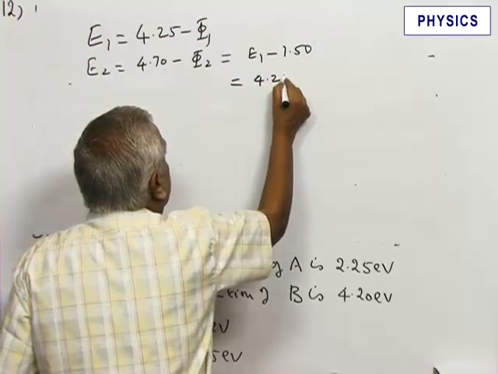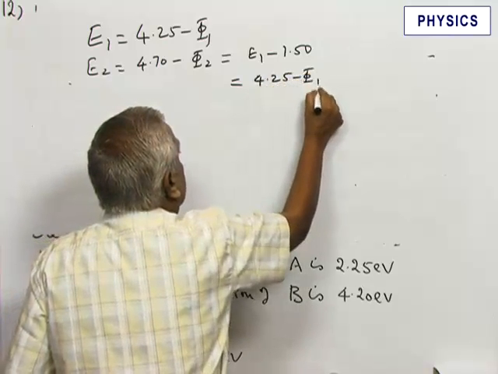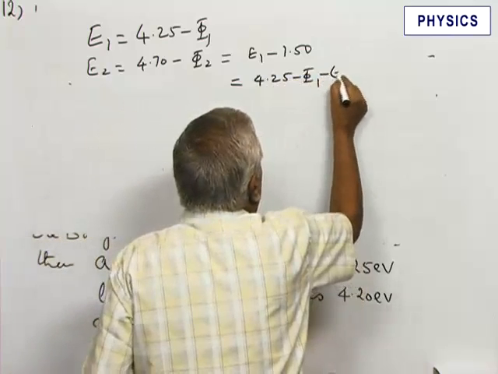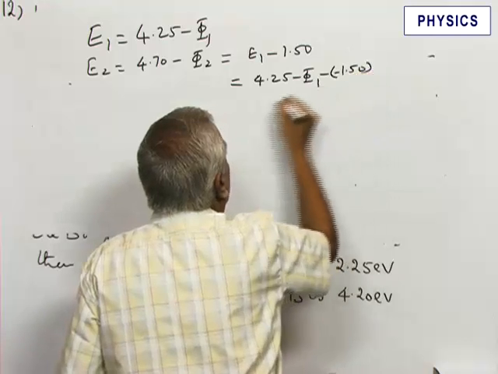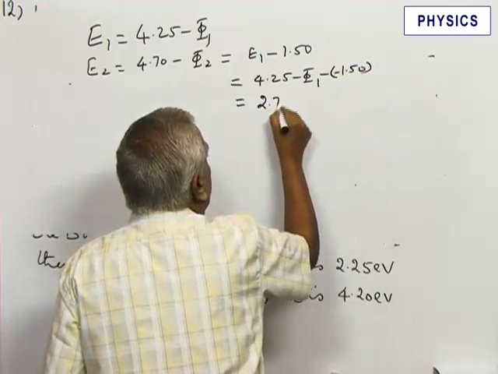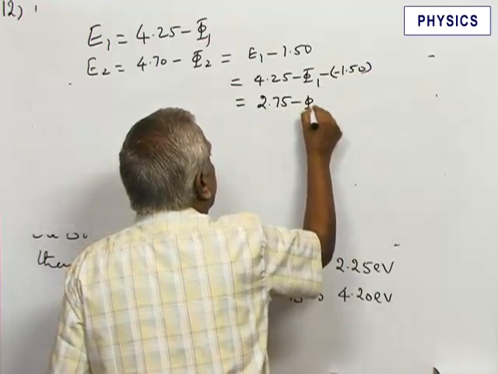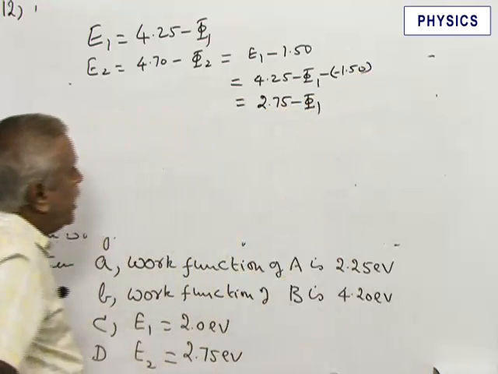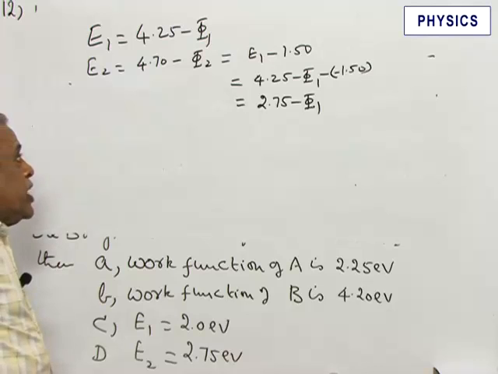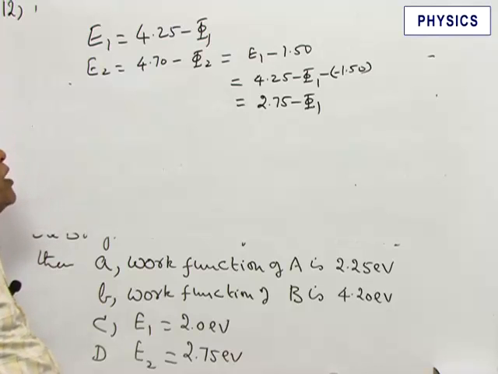So that is E1 minus 1.5, which is equal to 4.25 minus phi 1 minus 1.50. That is, you get it as 2.75 minus phi 1. So E2 is equal to 2.75 minus phi 1. Another equation says it is 4.7 minus phi 2.